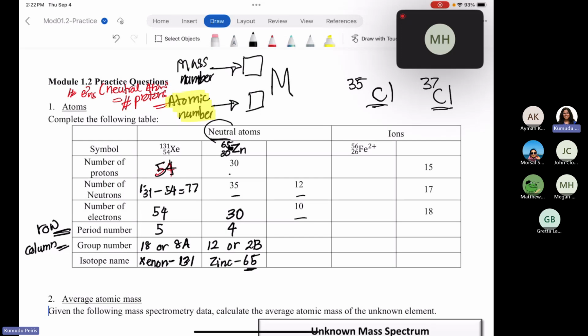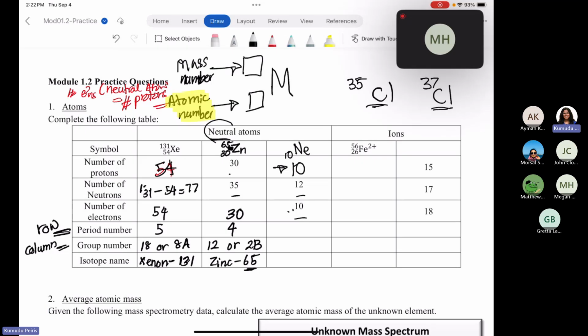In a neutral atom, the number of electrons is equal to the number of protons, so we can simply fill that row as 10. Then you look at the periodic table for atomic number 10, and you will see it as neon, atomic number 10.